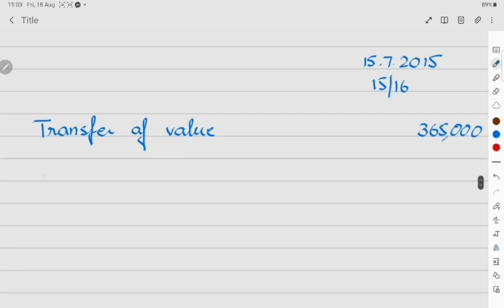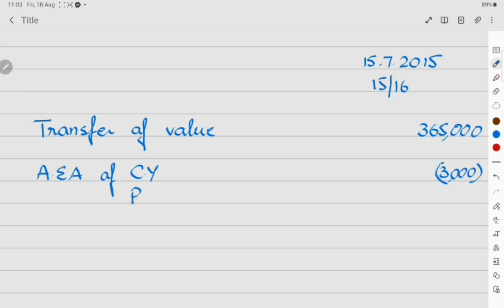Now you have to consider the annual exempt amount of the current year. The current year annual exempt amount is 3,000, and as there is only one gift made by Sanvi, there is no gift that is transferred in the previous year.